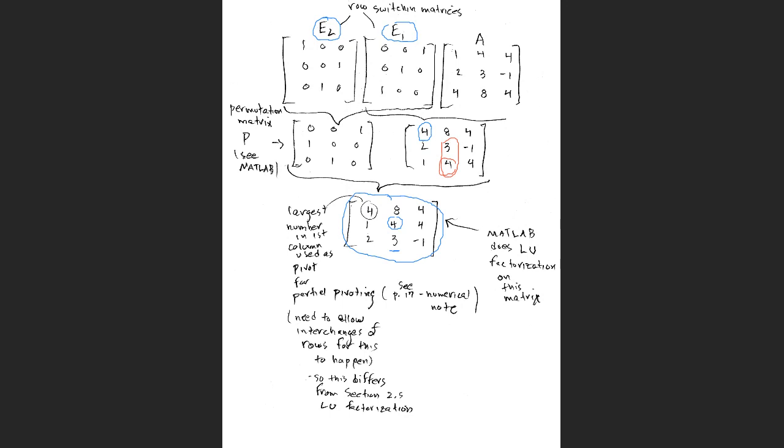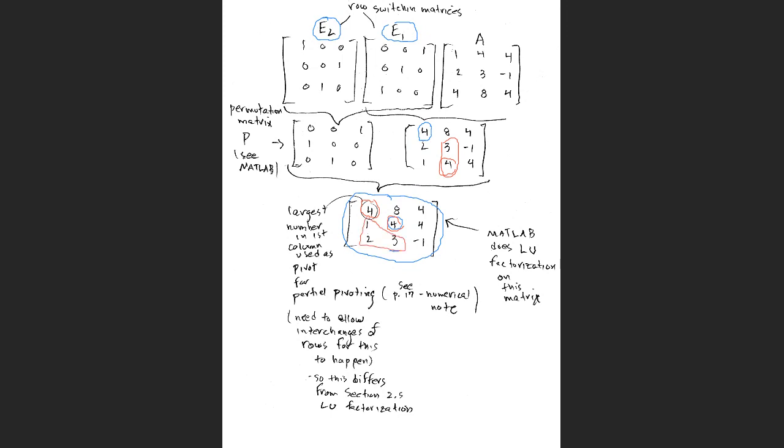And MATLAB will do LU factorization on this matrix. Notice in the first column, the 4 is the biggest number in that column. It'll be used as a pivot. And in the second column, we're only worried about the second and third rows. The 4 was the biggest number there. We don't worry about the 8. We're just getting zeros below here in that triangle.